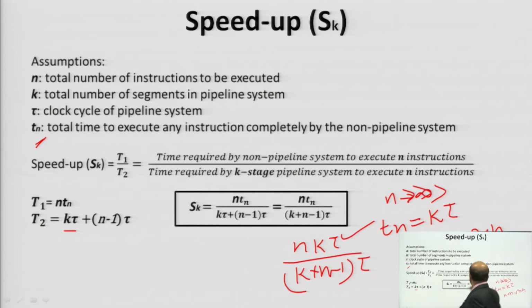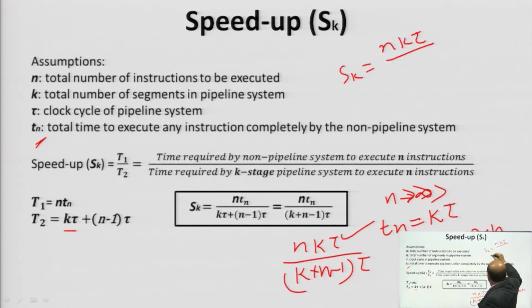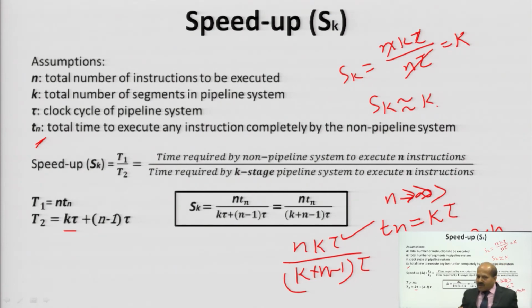So, this speed up factor in that case S k equals n k tau upon n tau. So, this will cancel out, it will become k. So, we can claim that the k stage pipeline system is k times faster than the corresponding non pipeline system. So, we can prove the speed up factor for this case.